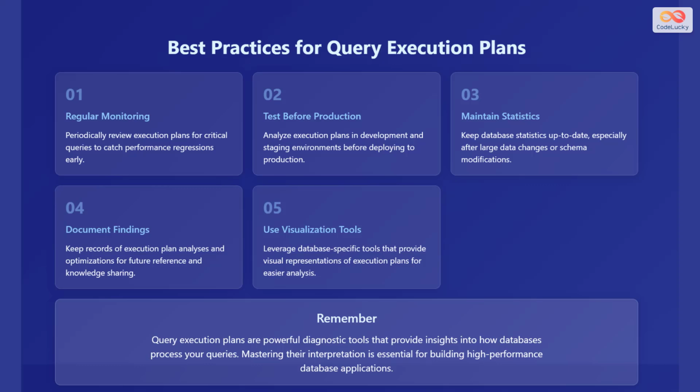Third, maintain statistics, keeping database statistics up to date, especially after large data changes or schema modifications. Fourth, document findings. Keep records of execution plan analyses and optimizations for future reference and knowledge sharing. Fifth, use visualization tools, leveraging database-specific tools that provide visual representations of execution plans for easier analysis.